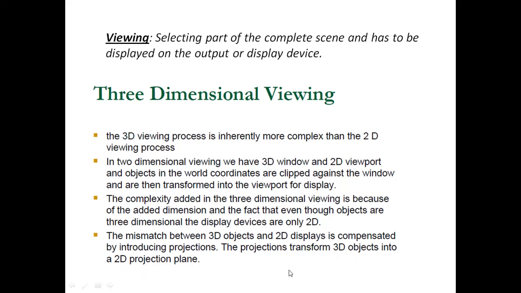So this mismatch, the non-cooperating nature of the 2D display device, is overcome by introducing the concept of projections. With the help of these projections, we transform the 3D objects onto the 2D projection plane so that it can be displayed on the 2D display device.